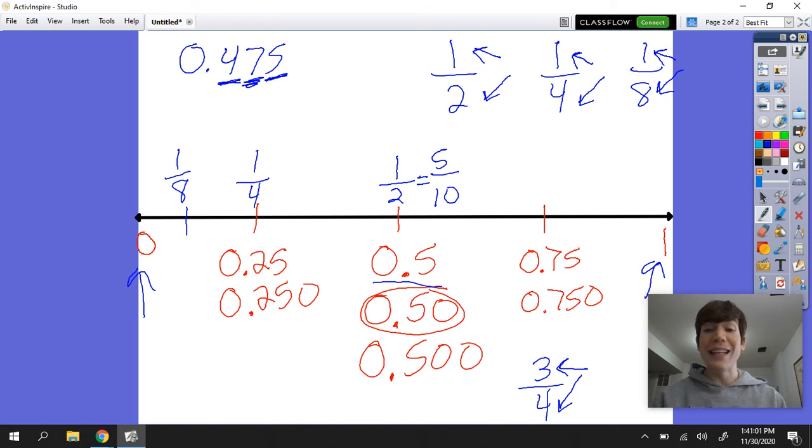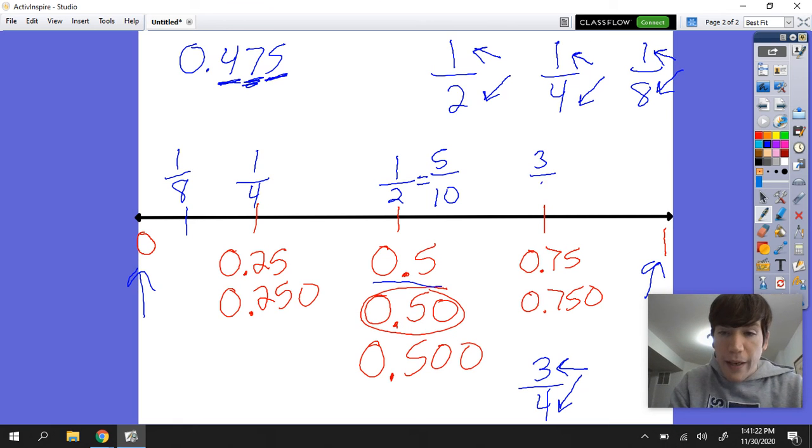That's because in this case, I don't just have 1 piece out of 4, but I have 3 pieces out of 4. Remember, it would take 2/4, or half of 4, to make 1/2. So I know 3/4 is like a half plus an additional fourth. So 3/4 would be bigger than half, so I would fit it here.